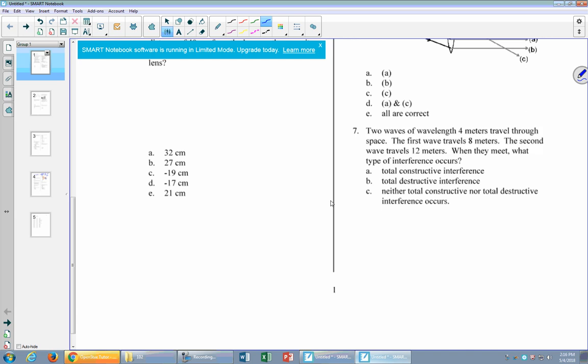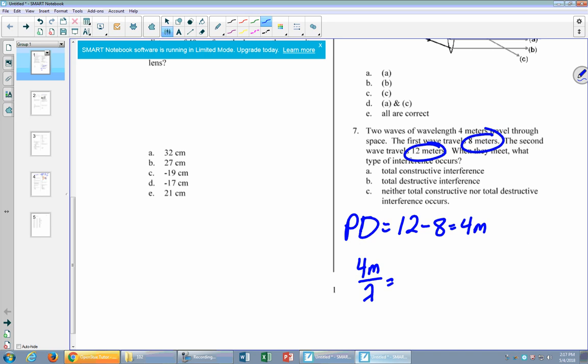Constructive, because look, my path length difference, the PD, is equal to 12 minus 8, and that's equal to 4. You're going to see one like this. I just want to make that clear. So my path length difference is 4 meters, and the path length difference divided by the wavelength, since the wavelength is 4, means my path length difference is 1 wavelength.